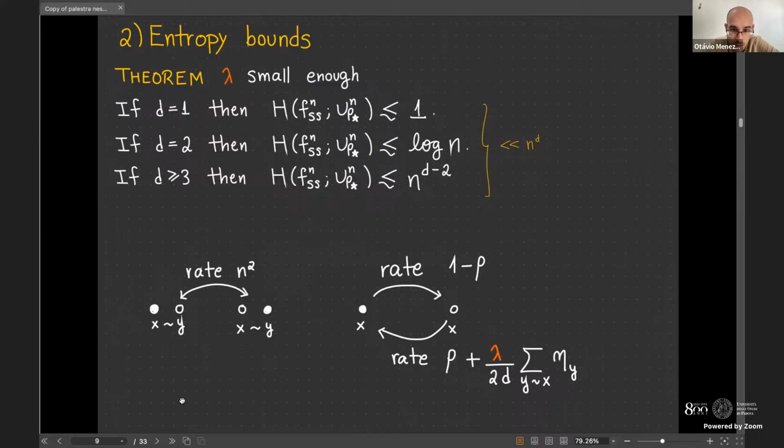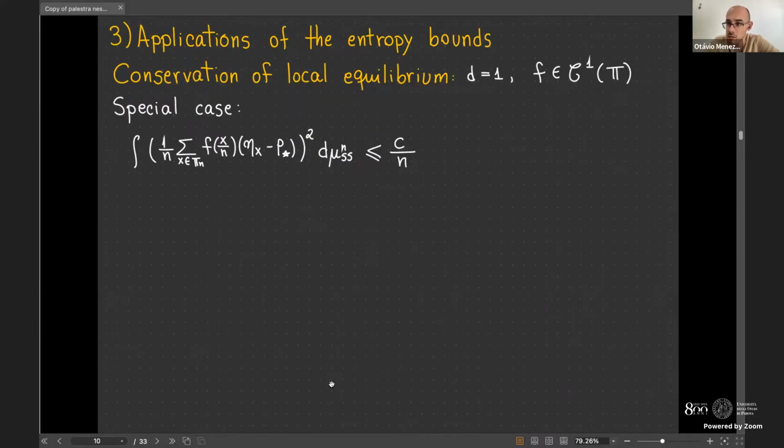Once we have the dynamics and the stationary measure, we guess an explicit measure that should approximate the stationary one. If we have those bounds, about which we will talk in the second part, what can we say about the stationary measure? One of the computations we can do is, we have to call it conservation of local equilibrium, but yes, there are several statements that deserve this name.